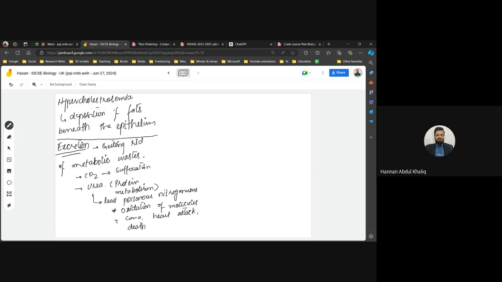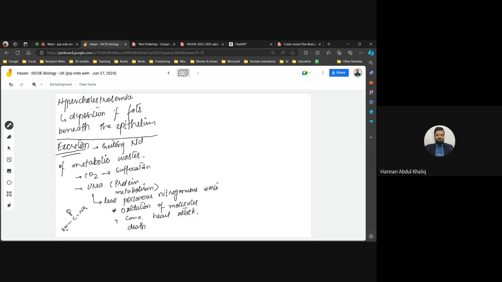Given that it is the least poisonous nitrogenous waste, the formula for urea is NH2, NH2. The most dangerous form of nitrogenous waste is ammonia.